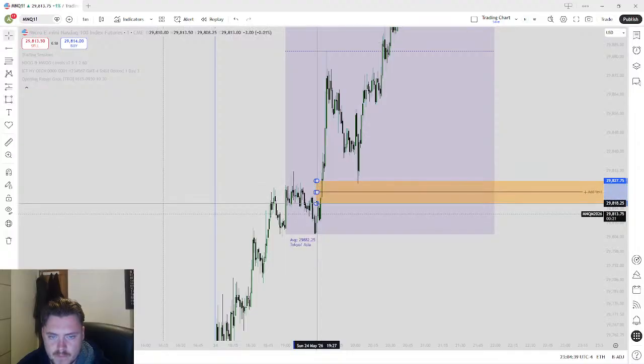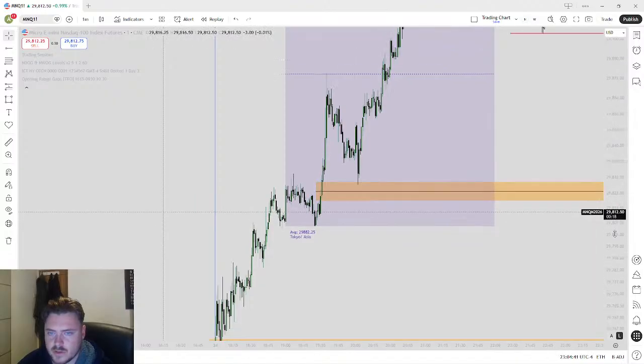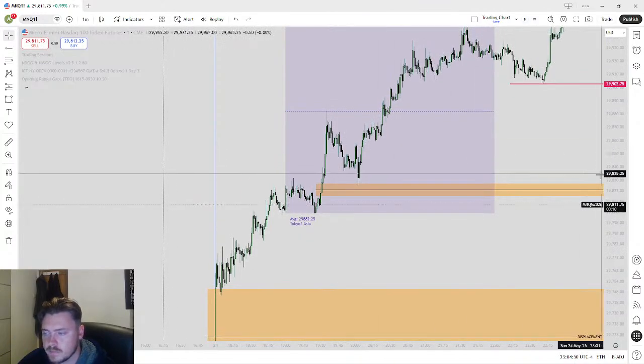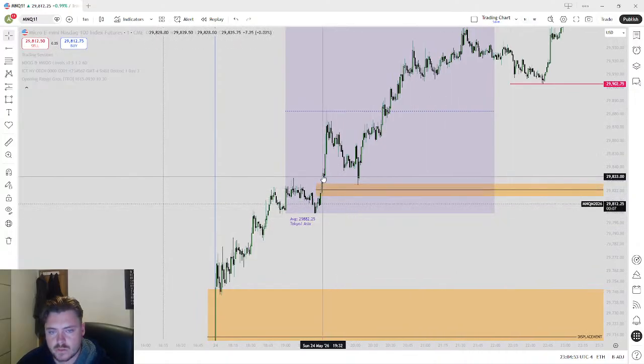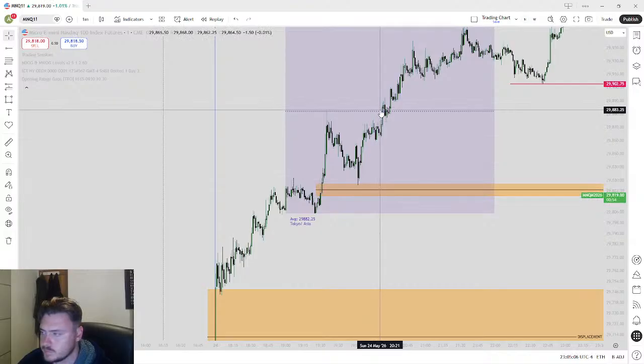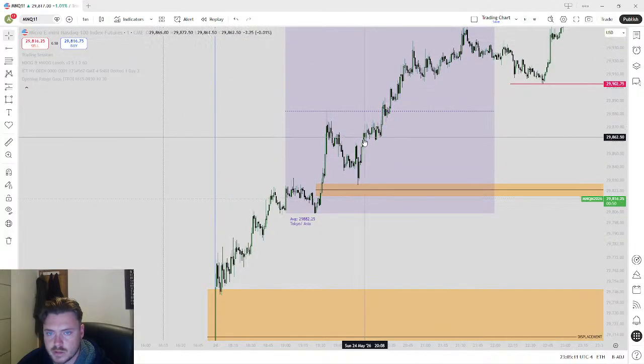If you're thinking price is going to go up, which we are, we've been bullish for quite some time, when price comes down here and tags it at macro time, 8 o'clock, you could easily target the midpoint if you're not confident to get the full run up.